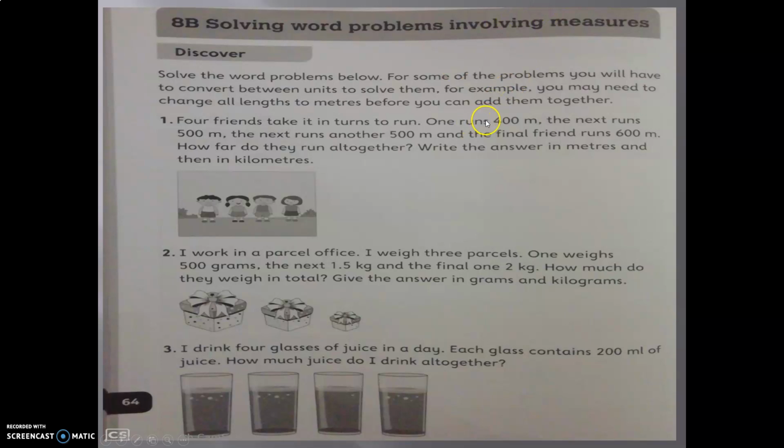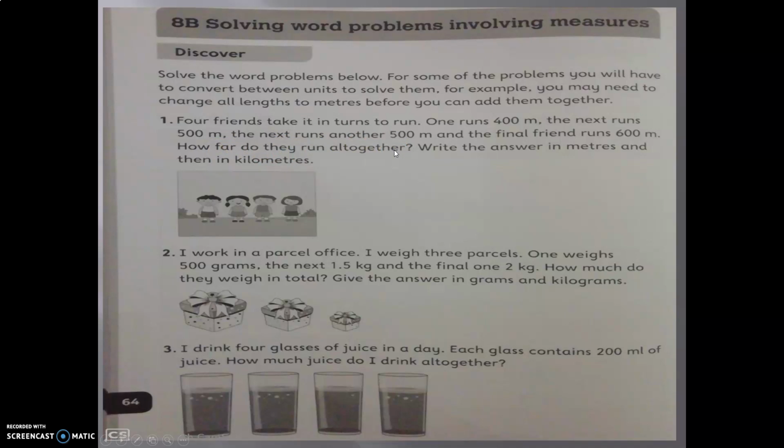So one runs 400 meters. The next runs 500 meters. The next runs another 500 meters. And the final friend runs 600 meters. How far do they run all together?